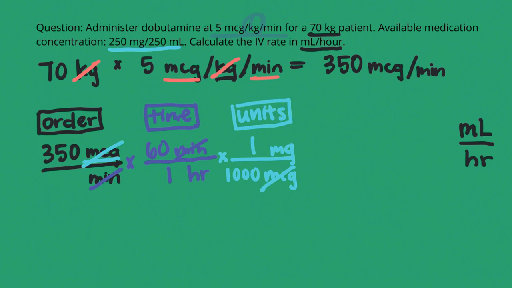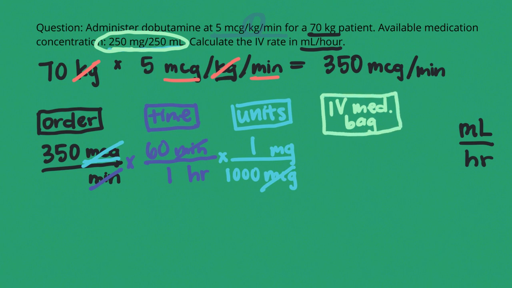And then our final step right now, we just have milligrams per hour, but we need the milliliters per hour. So this is where we're going to use our available medication concentration. This is our IV bag or med bag. You could put what's available to us. All of those are ways of describing this, okay? Whatever the pharmacy has in that bag, there's a certain amount of milliliters. This is a 250 milliliter bag, if you can visualize a little IV bag.